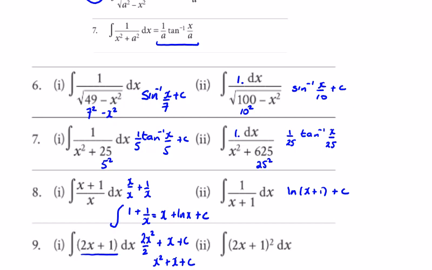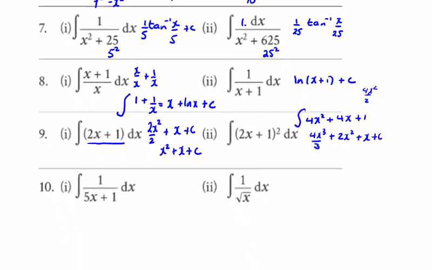Probably the easiest thing to do. So 2x by itself, 2x by 1 twice, and 1 by 1. That's what we're integrating, so we're going to get 4x cubed over 3 plus 4x squared over 2. If you want to jot it off to the side, if you think it simplifies, that will be 2x squared plus x plus c for 9 part 2.